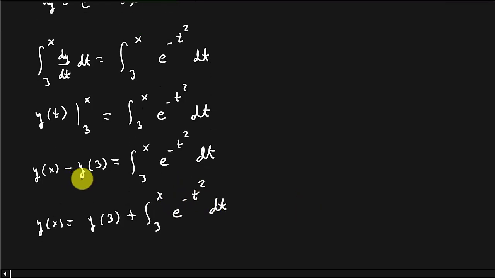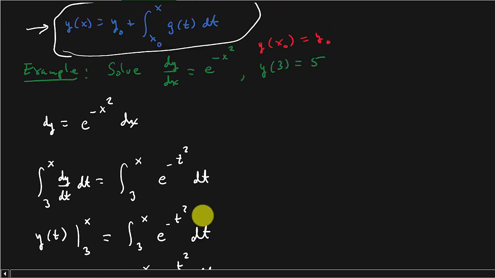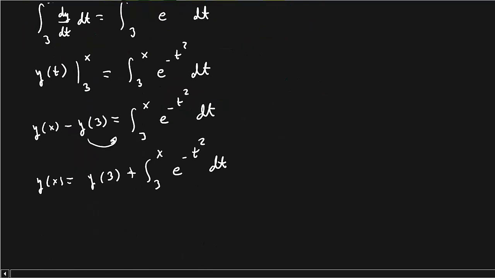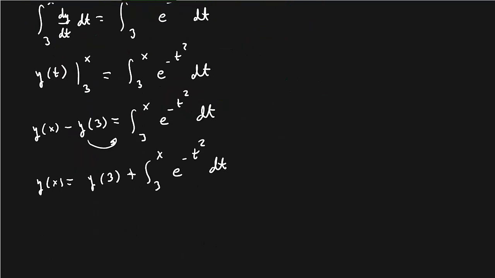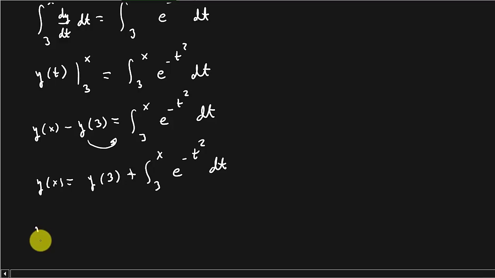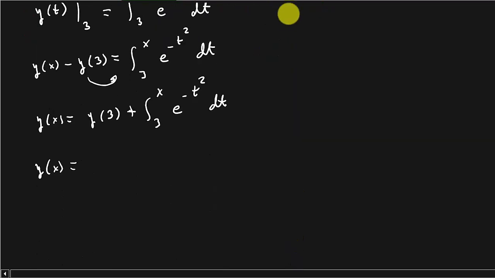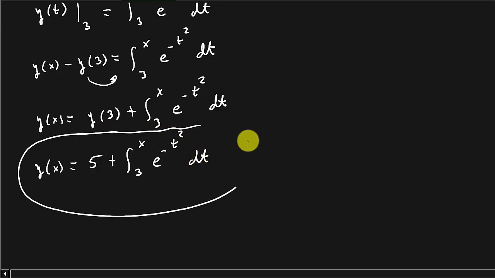See, once I do this and then I move that to the other side, I'm right here. Okay, I've got this. And so this is going to be y of x is equal to y of 3. Well, what's y of 3? y of 3 is 5. And so that's going to be 5 plus the integral from 3 to x of e to the negative t squared dt. And there's your answer. All right.